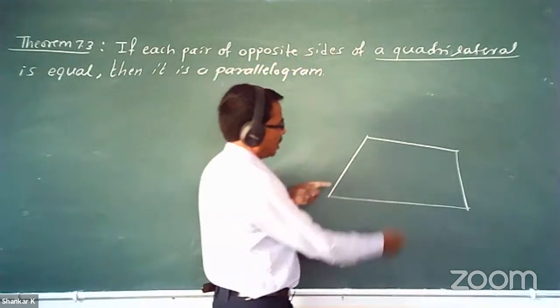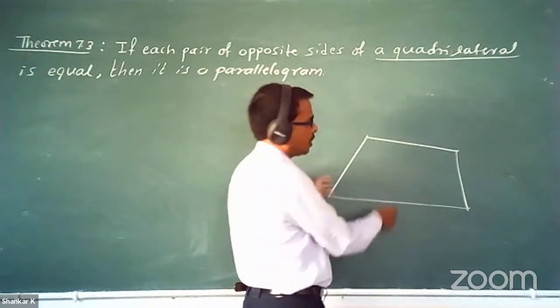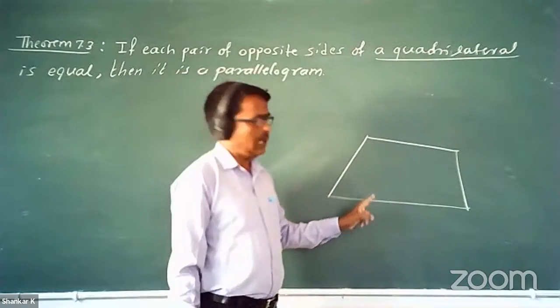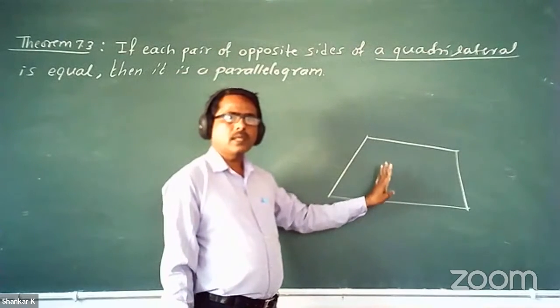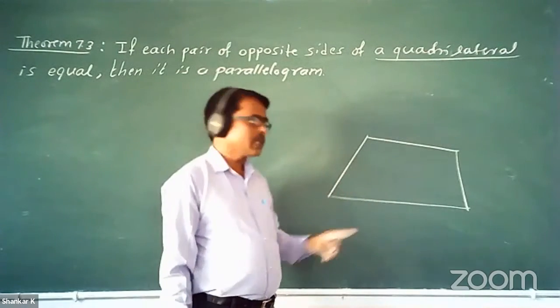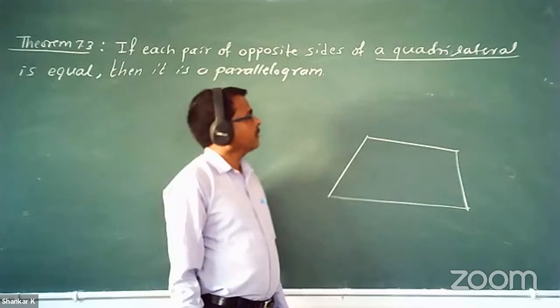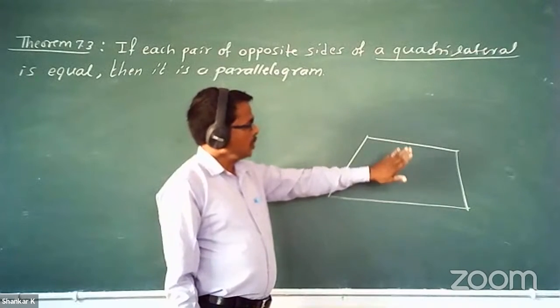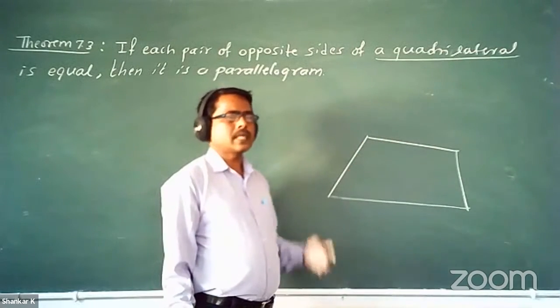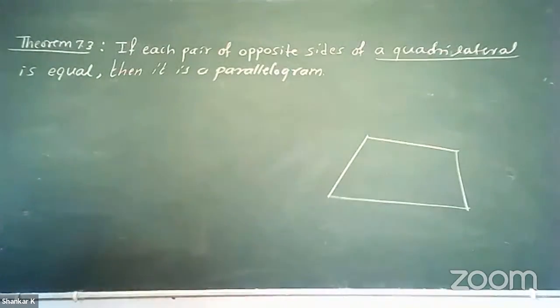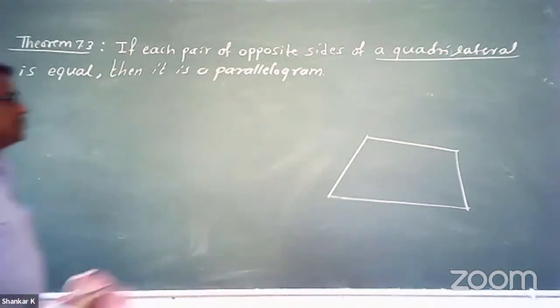I have drawn one quadrilateral to make you understand. For example, in this quadrilateral, its opposite sides are equal. Then is it a parallelogram? Yes, it is a parallelogram.